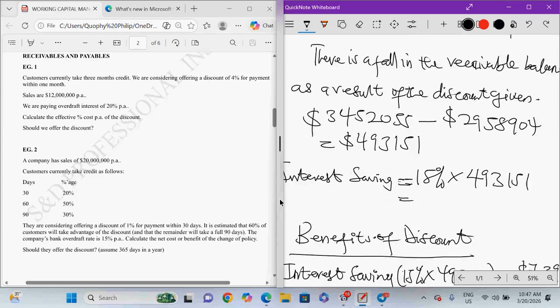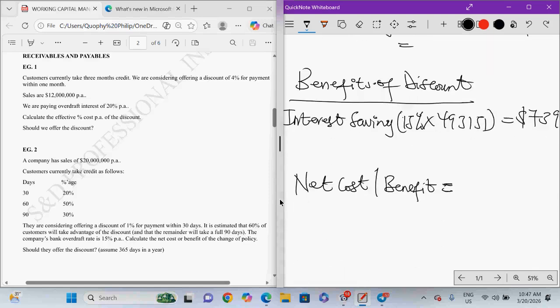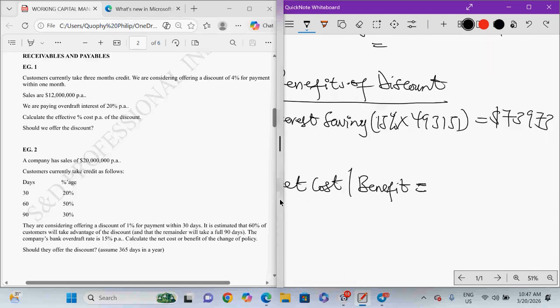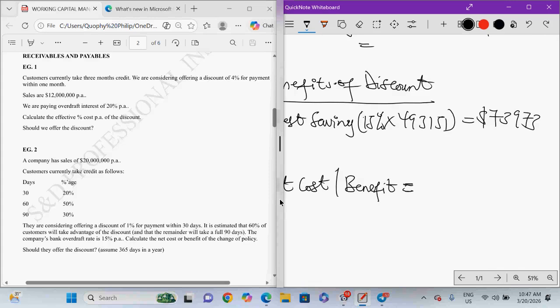And then the benefit of giving the discount gives us 73,973, right? So is it a net cost or a net benefit?